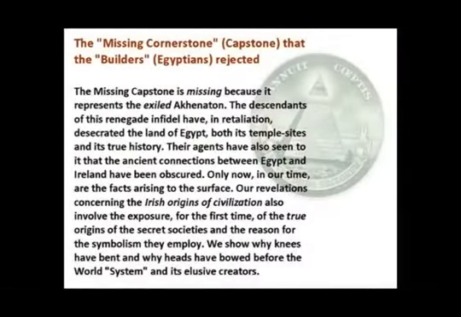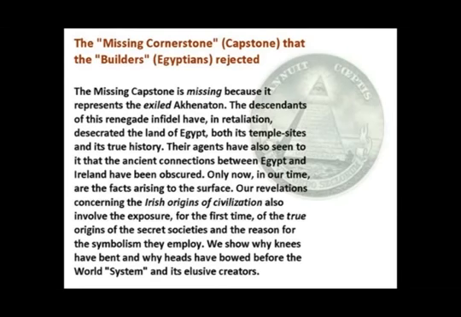Nothing is hidden. The missing capstone of the pyramid is missing because it represents the exiled Akhenaten. The descendants of this renegade infidel have, in retaliation, desecrated the land of Egypt, both its temple sites and its true history. Their agents have also seen to it that the ancient connections between Egypt and Ireland have been obscured.